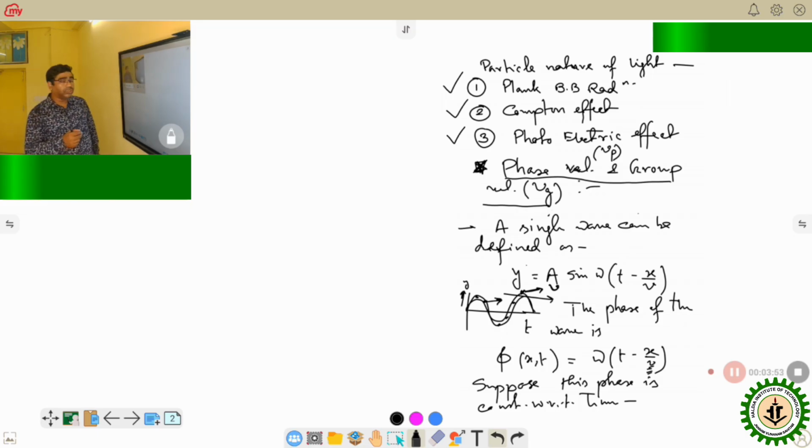But practically it is observed that there is no time gap between the incidence of light and the emission of electron. Classical theory cannot explain that observation in a better way.